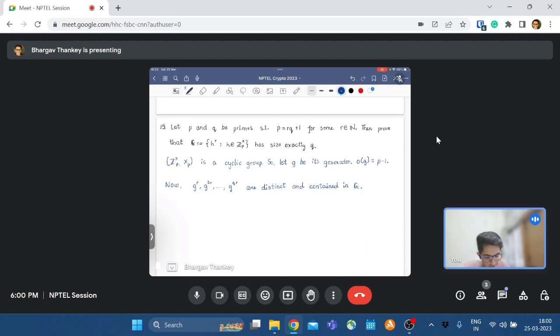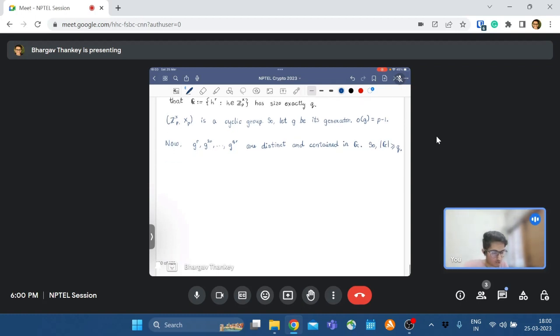So the size of G is, we need to show that the size of G is at most Q. So let g to the k be in G for some k in Z to P minus 1.